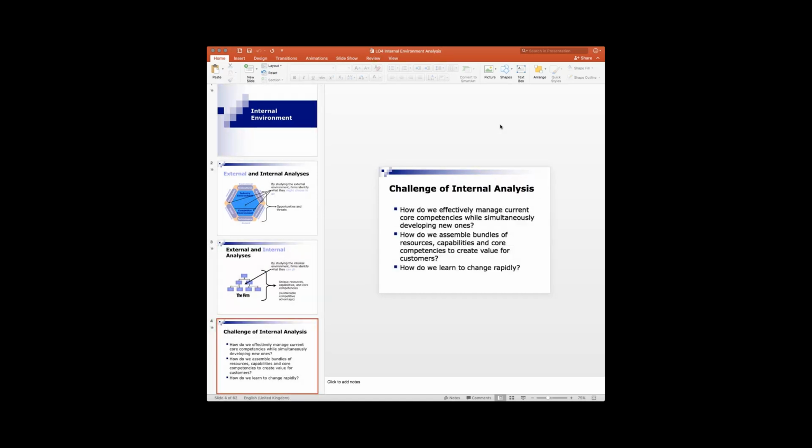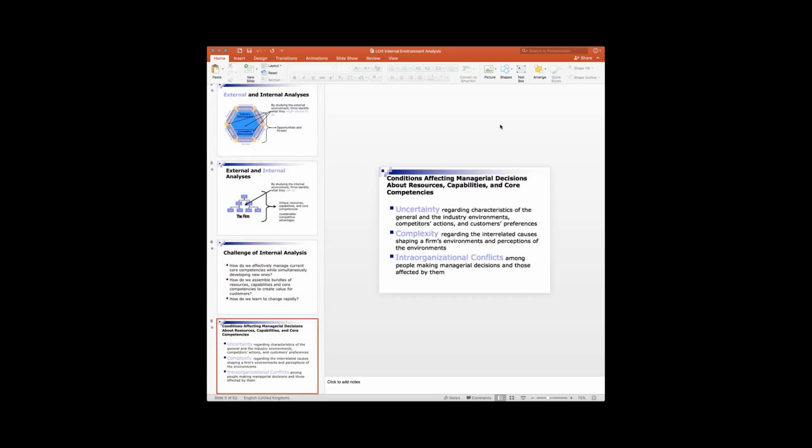Some of the internal factors that we look at are conditions which affect decision making by the management, and they are related to resources, capabilities, and core competencies of an organization. Again, I'll try to draw your attention to the fact that we are studying this from the context of strategic resource management, which is the unit.